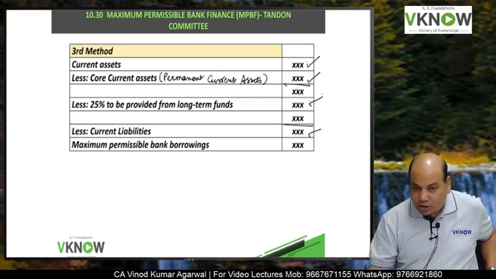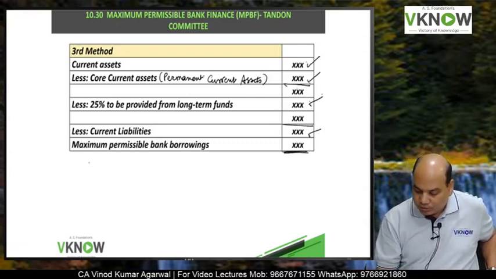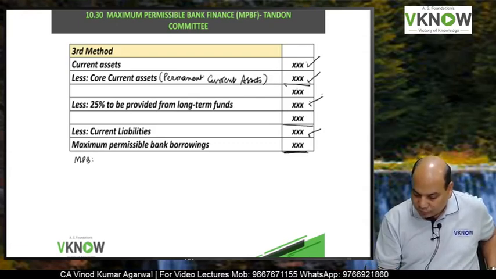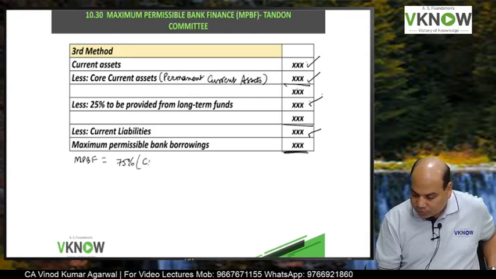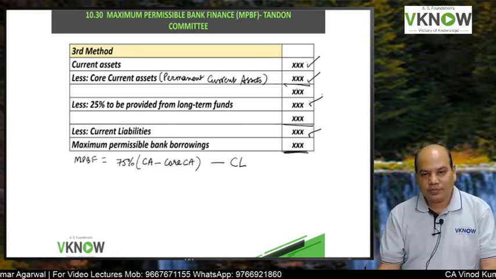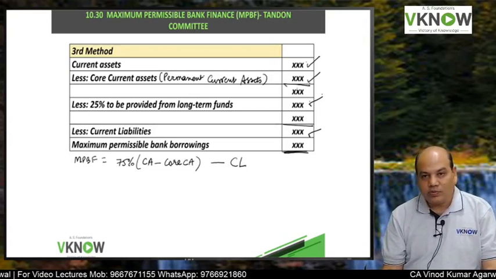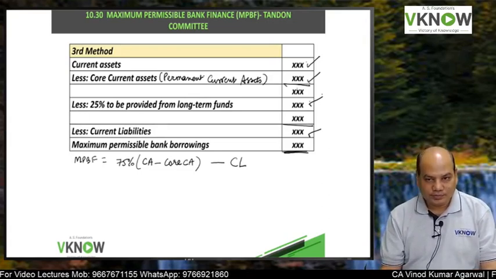Then you deduct current liabilities. And now you will get MPBF. So MPBF here will be equal to 75% of current asset minus core current asset and minus current liabilities. Is it right? So this method will give you the lowest answer.